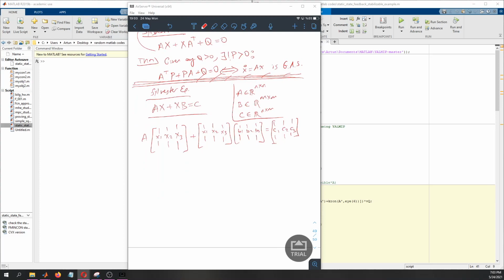Here, just focus on the first columns of the terms. All right, here A x1 plus x b1 equals c1, and A x2 plus x b2 equals c2.